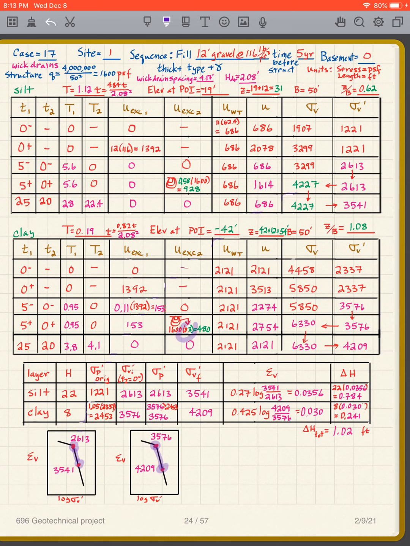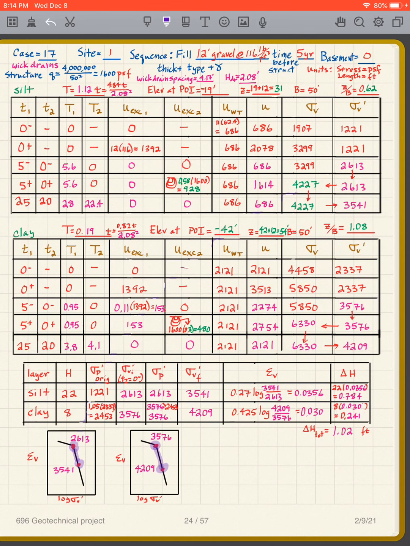I get a footprint or pressure bulb factor of 0.3 times, again, the structure is 1600, times 0.3 gives me 480 for that one. Again, we have the water table, that's fine. I add up the water table and the two UXS's. I get those. The sigma V's, we've done these already, so you can get those.